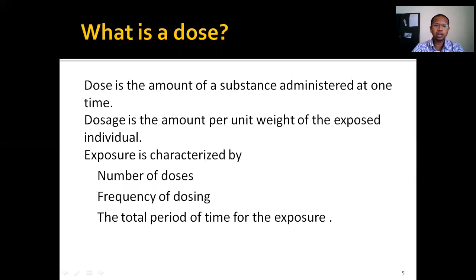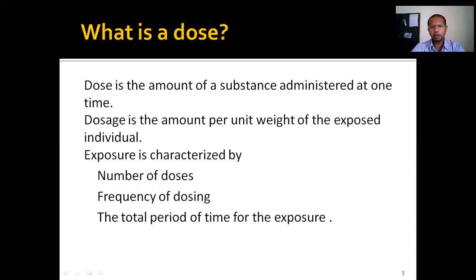We want to save the mice in this case. In the mice we also study the pharmacokinetic and pharmacodynamic characters, and see whether it is toxic to the kidney or the heart. All these things we study at very low dosage forms.